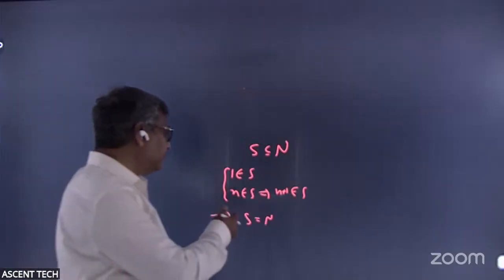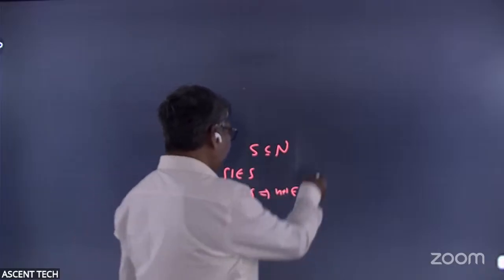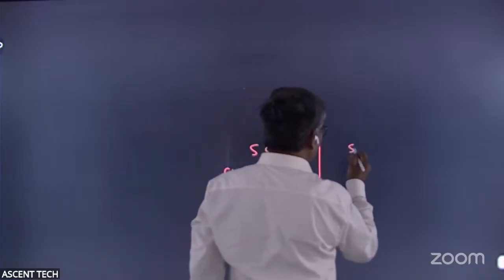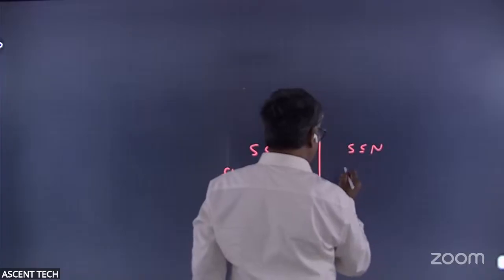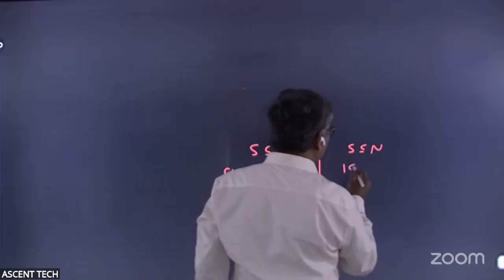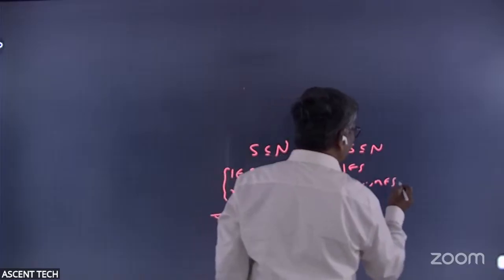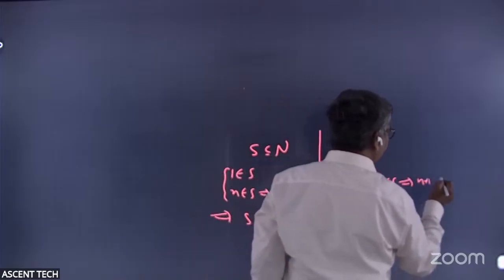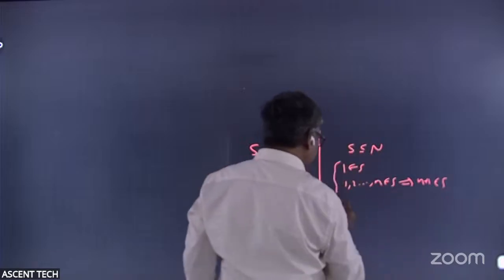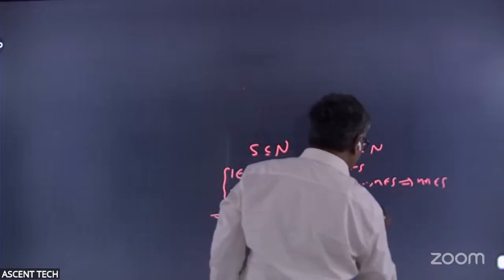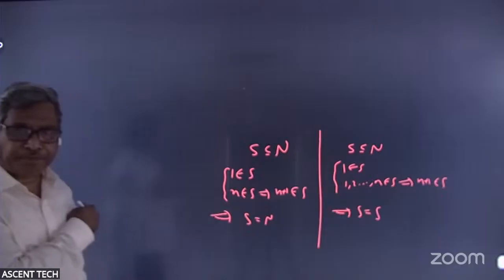Of course, sometimes you write the induction in a different way also. Complete induction: you say that if S is a subset of N, if 1 is in S and 1, 2, 3, etc. up to n are in S implies n plus 1 is in S, then together these imply that S is equal to N.